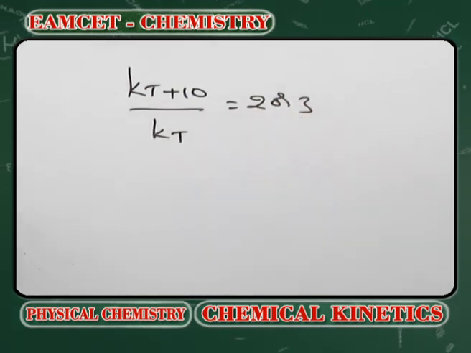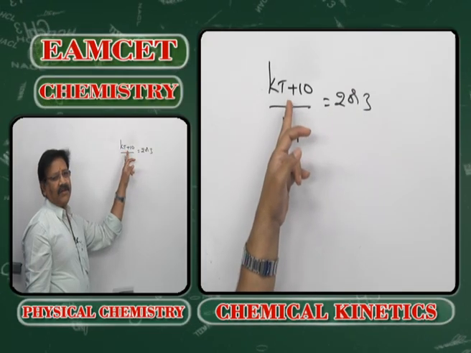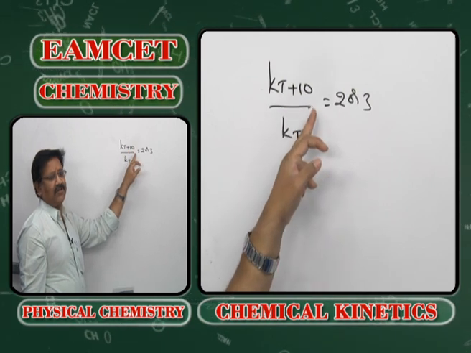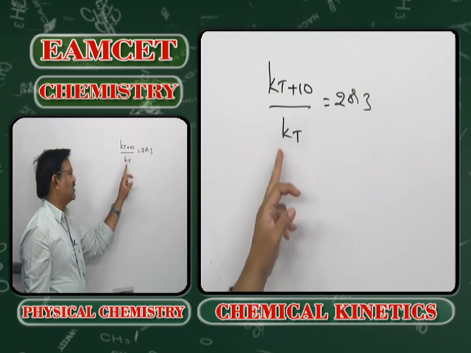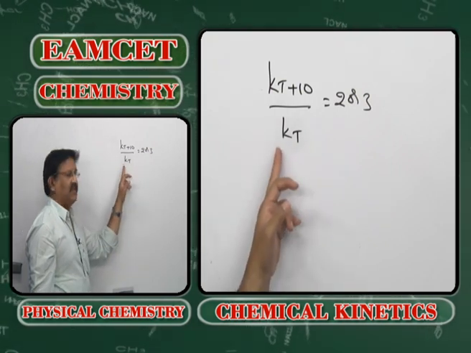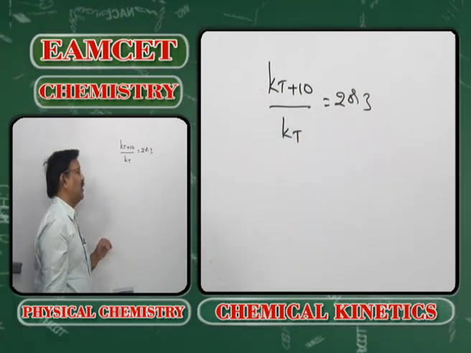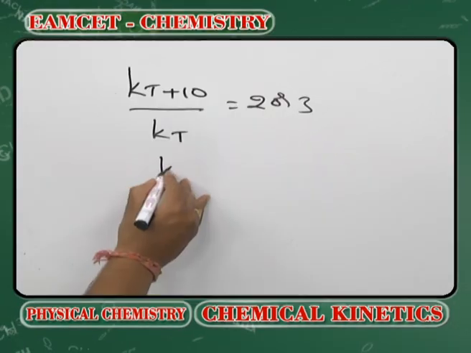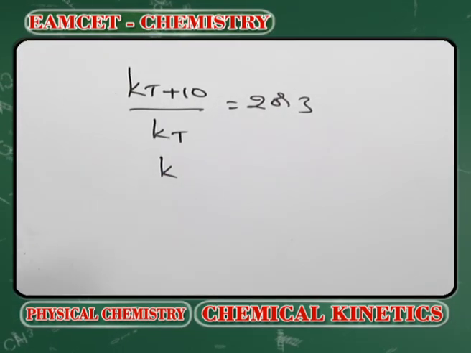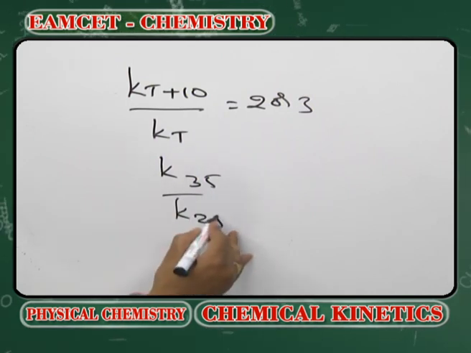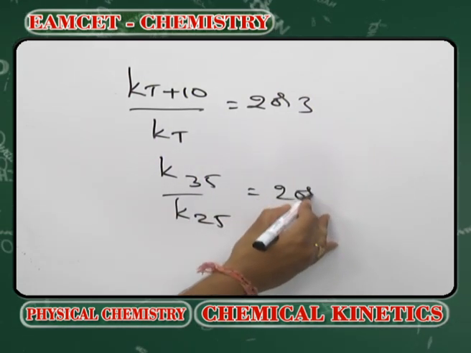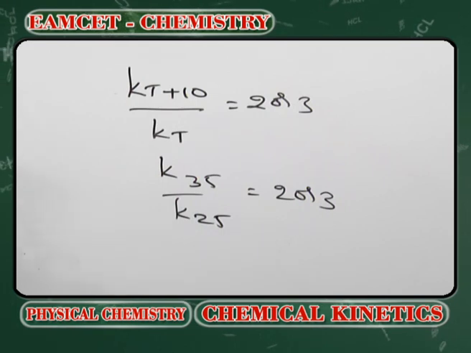What is k(T+10) by k(T)? k(T+10) is the rate constant corresponding to the temperature of T plus 10. k(T) is the rate constant corresponding to the temperature T. It is equal to 2 or 3. What is the general interval where the temperature coefficient is determined? k35 to k25, it is equal to 2 or 3.